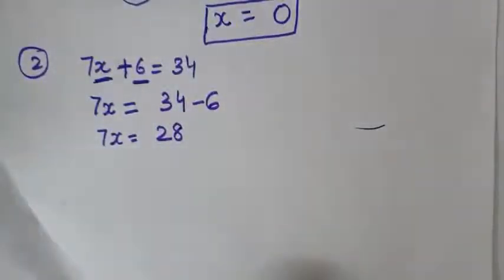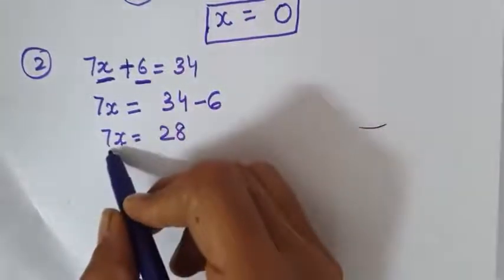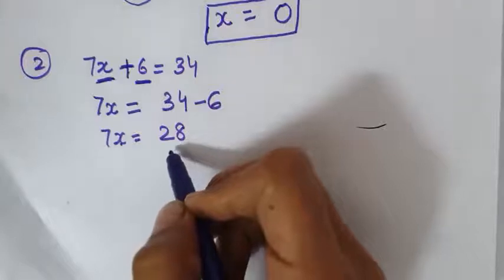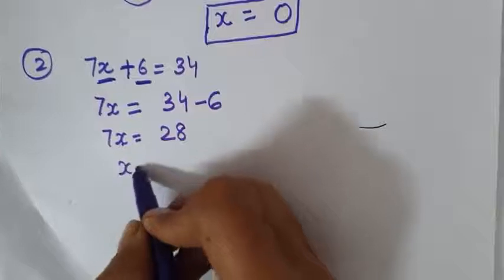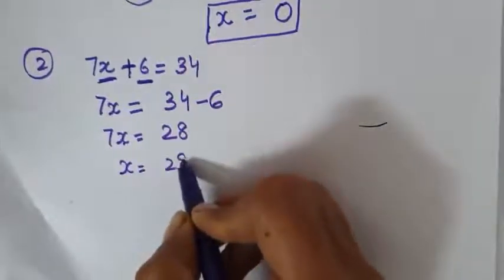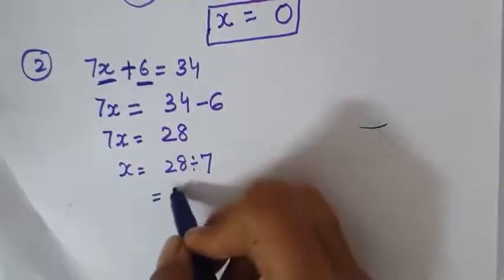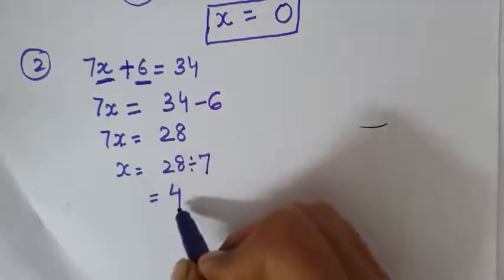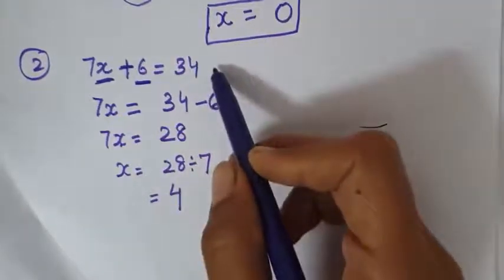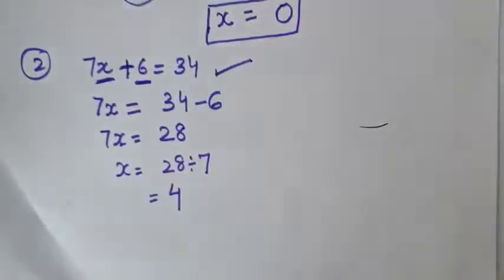So now children, 7 and x, they are getting multiplied. So on shifting 7, it will get divided. So what we get? 28 divided by 7. That is 4. So x is equals to 4 is the solution or the root of this given equation.